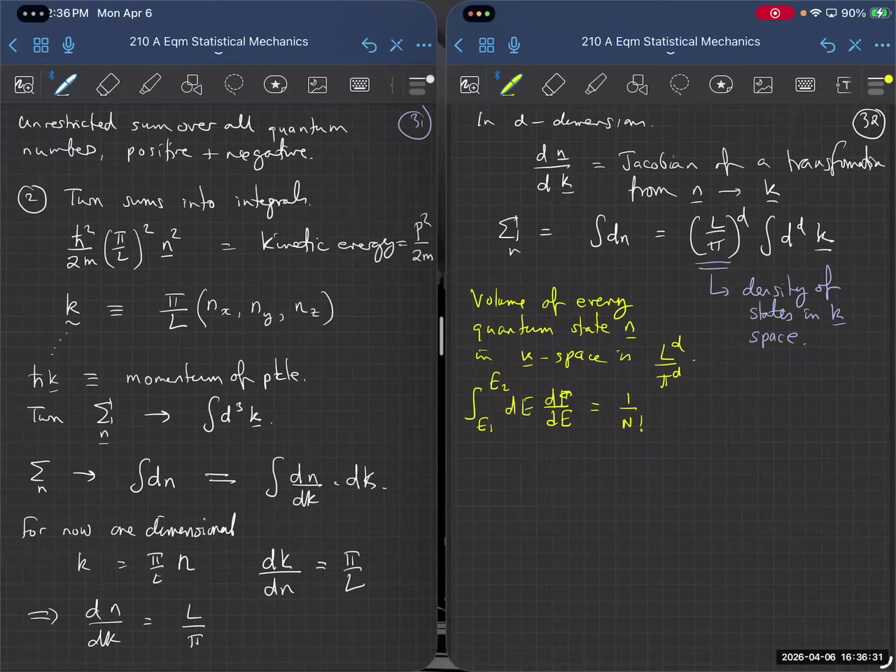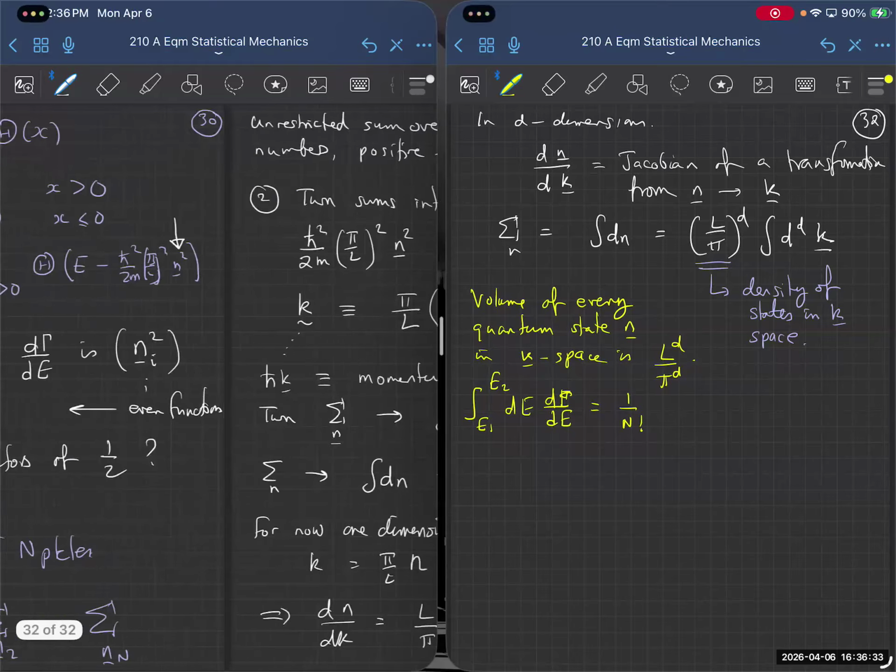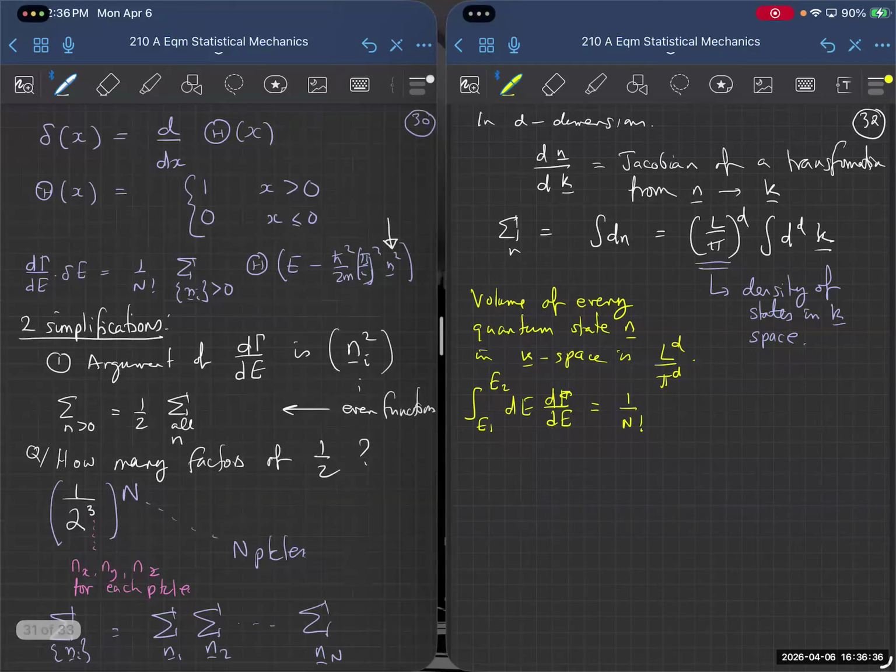And then I've got one of these sums for every particle in my system. So then I'm going to have a factor of the volume of the system raised to the nth power. And then I've got my factors of 2 to the 3n. I also have this pi cubed down here.